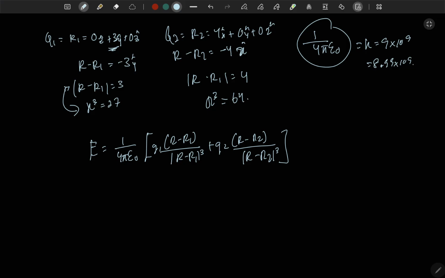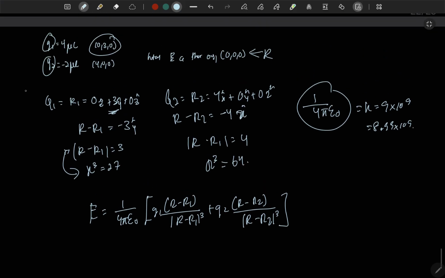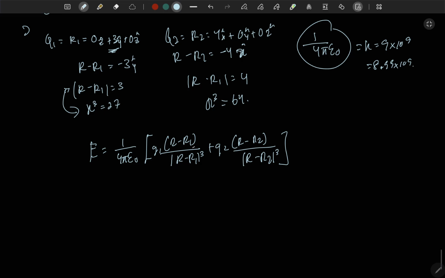We didn't expand this because we only have Q1 and Q2, two points. If we had 3, then we would sum it with Q3 times (R minus R3) over the modulus of R minus R3 cubed. We limit it to Q2. This is declared as K, which is 8.99, so now just replace the number: 8.99 times 10 power of 9.